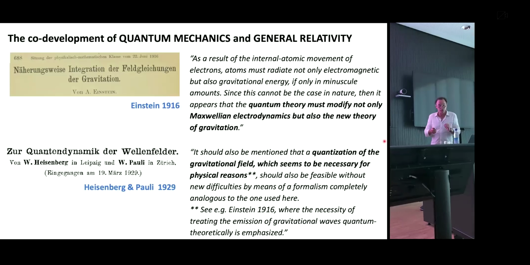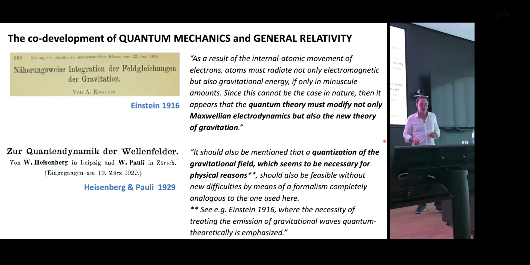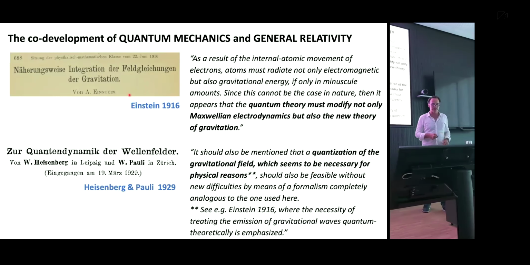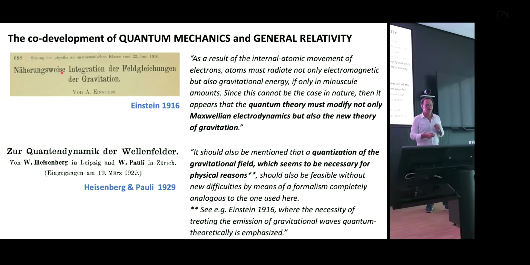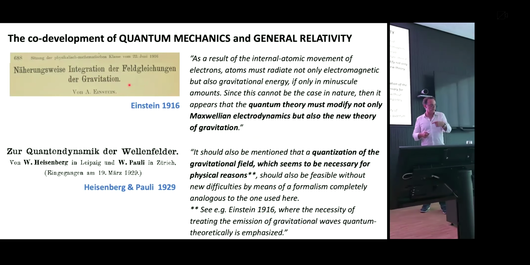I just want to give you two examples. In the pioneering work of Einstein 1916, the paper where he sees for the first time that his theory of gravity actually produces gravitational waves, he makes the observation that not only when electrons move do they radiate electromagnetic radiation, they also have to radiate gravitational radiation.